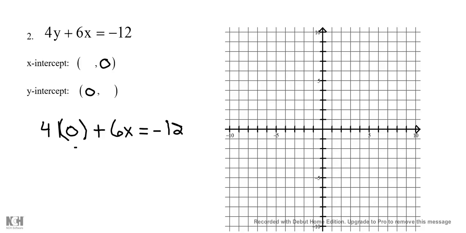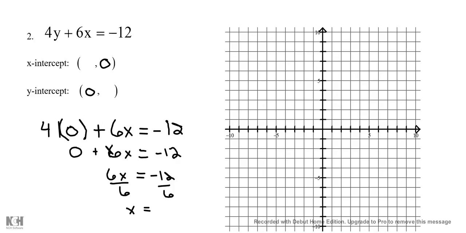Four times 0 is 0. So 6x equals -12. Divide by 6. We get x is -2.